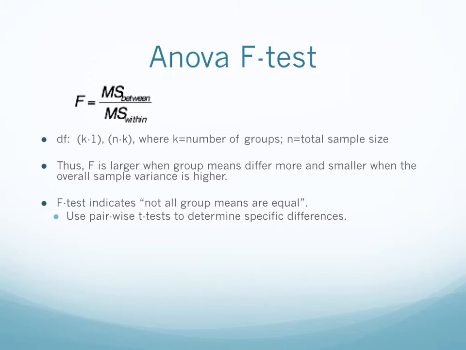It doesn't answer questions about pairs of groups. So if you do an f-test over 3 groups, typically you'll follow that up with pairwise t-tests to address the question of which is higher of any pair.